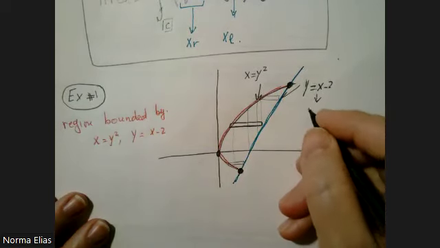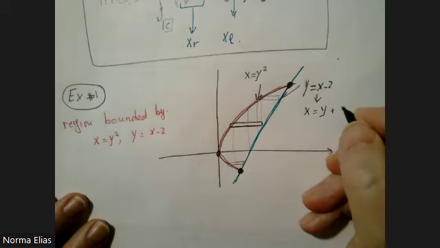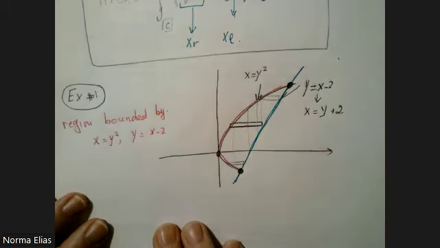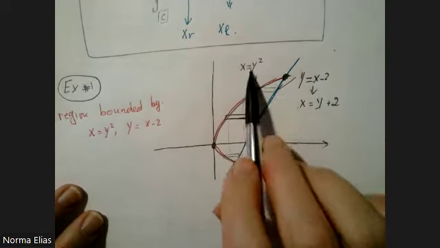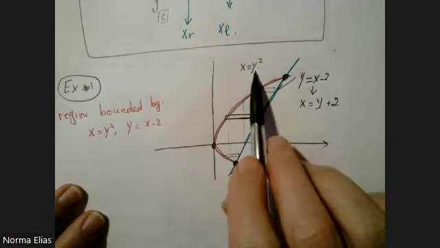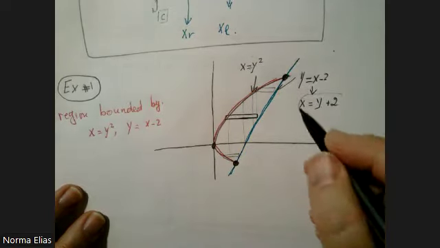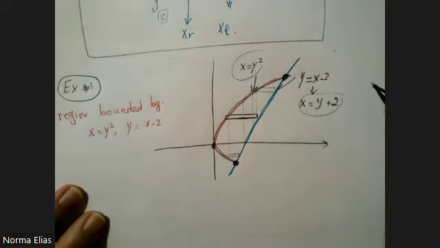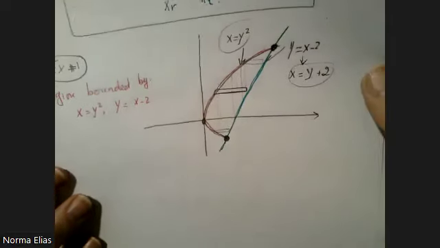I'm going to solve here for x in terms of y. And then instead of finding the x value that makes the y's equal, I can find the y value that makes the x's equal, because setting this equal to that is easier than solving y equals plus or minus square root of x.